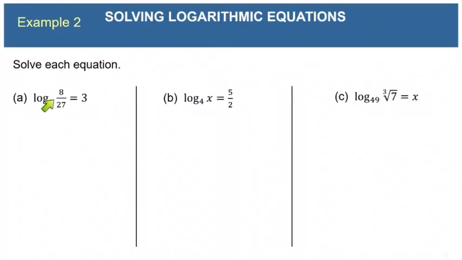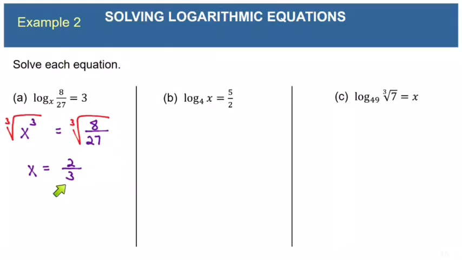So let's write x to the third equals 8 over 27. And now to isolate x, we'll need to eliminate this 3 exponent, so we'll take the third root of both sides, and we'll have x equals the third root of 8 over 27, and the third root of 8 is 2, and the third root of 27 is 3.